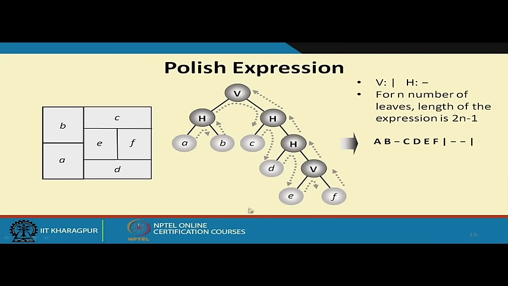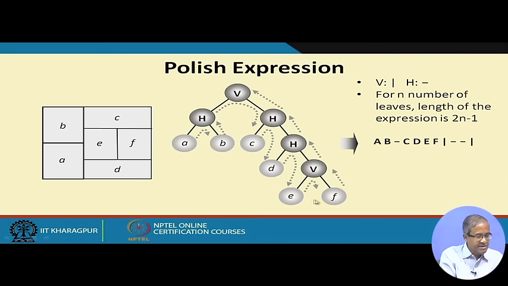Here on the other side, EF vertical line, you see EF followed by a vertical line, D this thing followed by horizontal line, C this whole thing followed by horizontal line, this whole thing vertical line. So, this we shall again explain later, but this is how you can express a layout in the Polish notation.